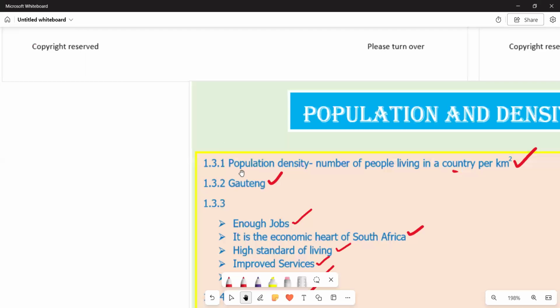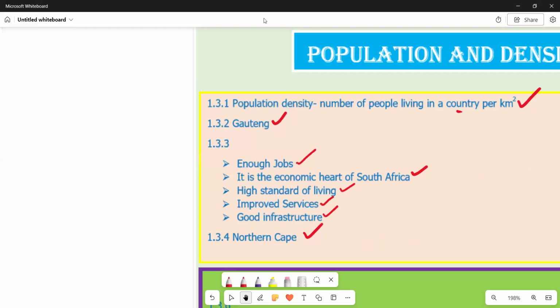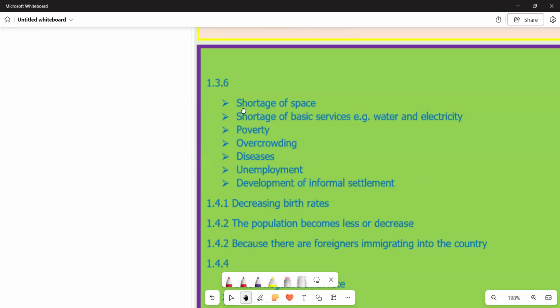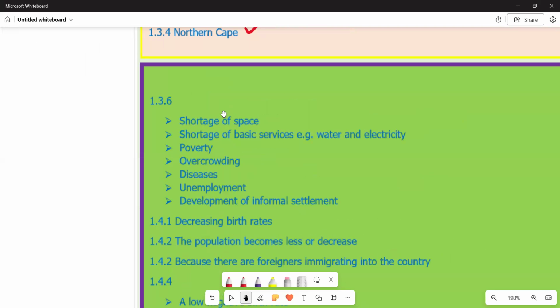Remember, we are now on 1.3.6. These are the problems we have been trying to raise. One is shortage of space. Second, shortage of basic services, e.g. water and electricity.